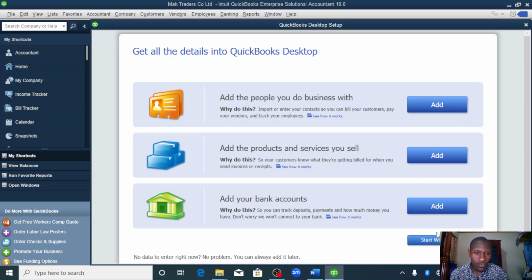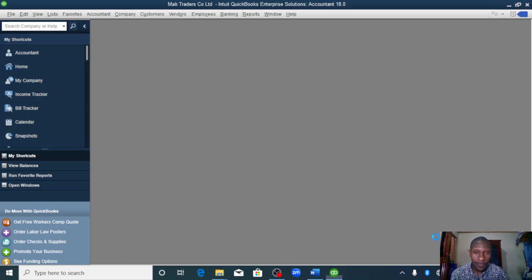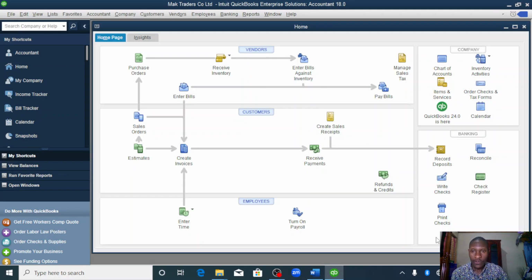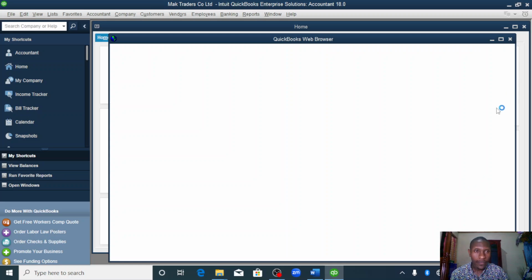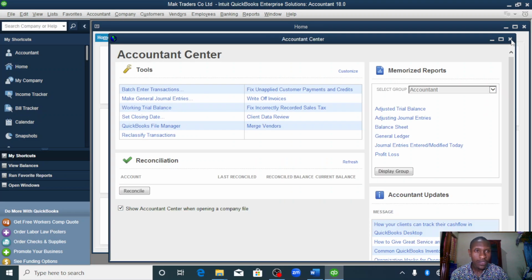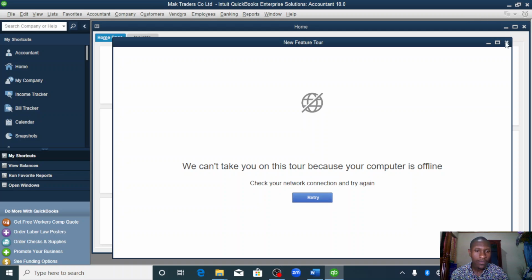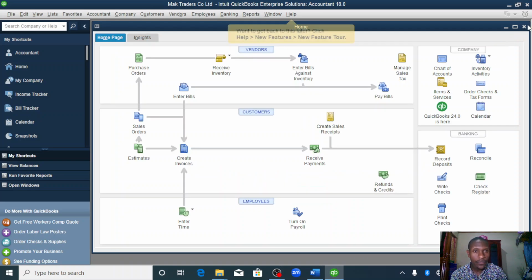So here we go to start working. Immediately we need to edit the currency. They are telling us that the reporting currency is in Uganda shillings. We need to adjust that.